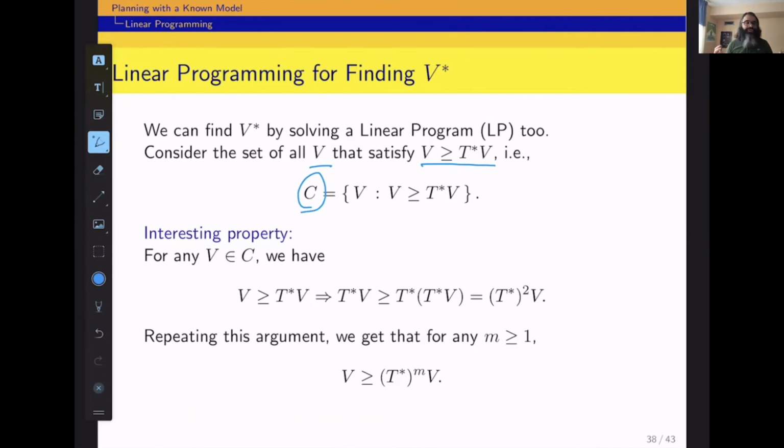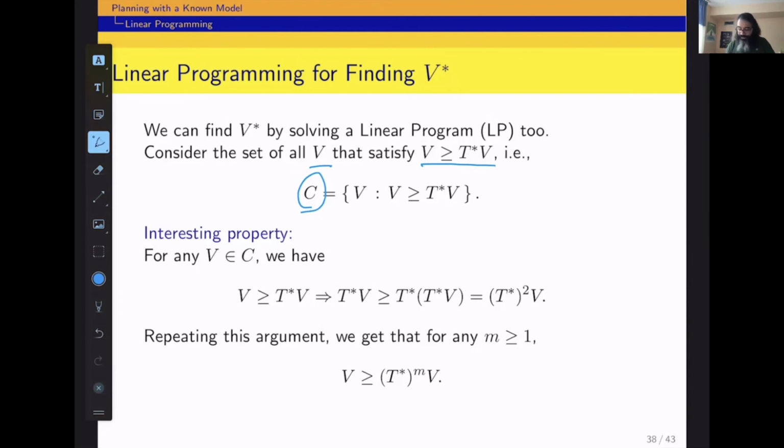These are just functions, but they satisfy this inequality. So what is the significance of it? They have an interesting property, which we use to derive this linear programming formulation.